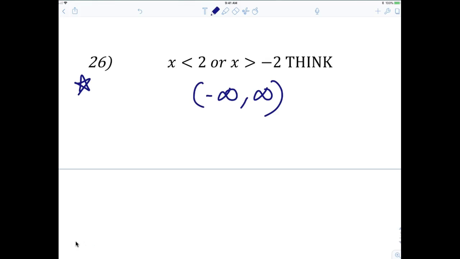All I want you to do is give me a number that's not less than 2 or not greater than negative 2. Just listen to my explanation. I promise you, as soon as you realize what I'm saying, you'll see it's obvious. Give me a number that's not less than 2 or greater than -2.